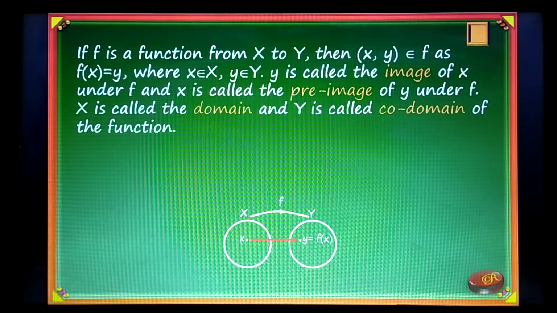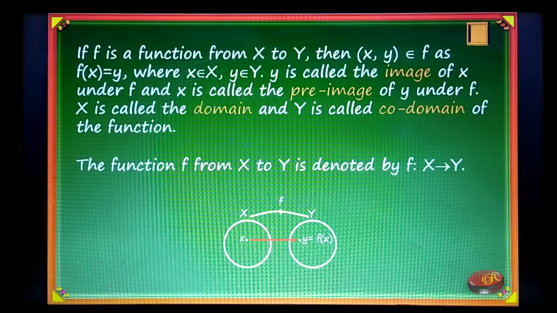Set X is called the domain and set Y is called codomain of the function. The function f from X to Y is denoted by f : X → Y, as shown in figure.